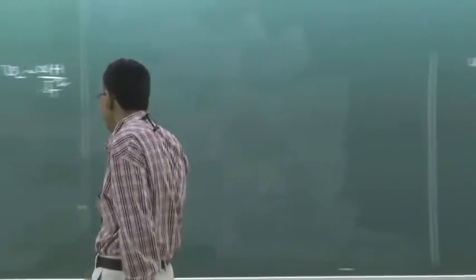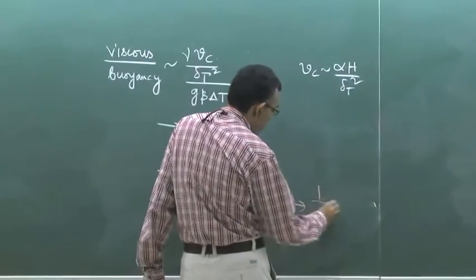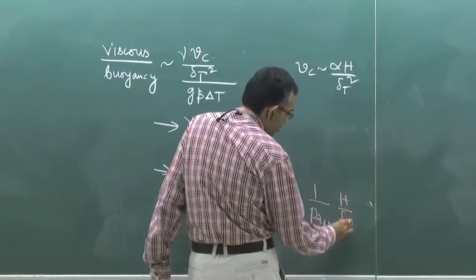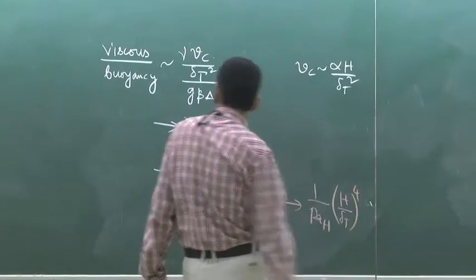So this is of the order of 1 by Rayleigh number into H by delta T to the power 4.